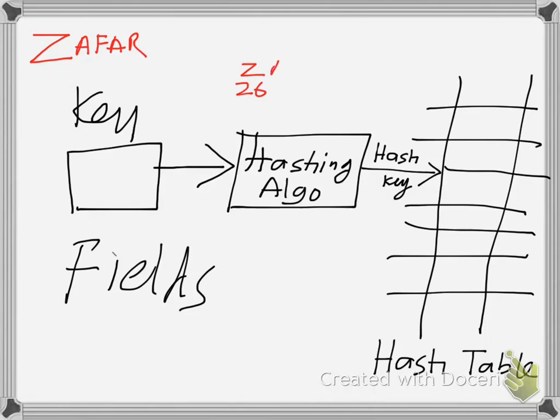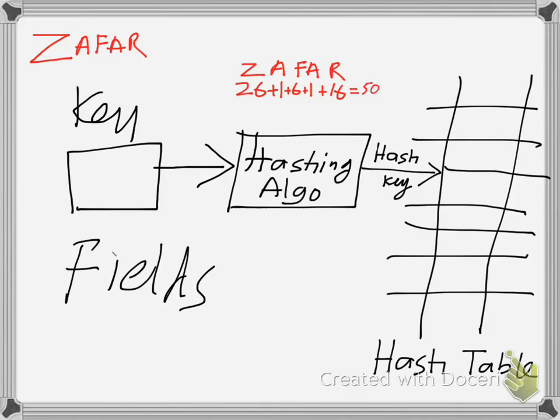So 26, then we have A 1, then we have F 6, then we have A 1, and then we have R 16. So what is the sum of all these? 26 plus 1 plus 6 plus 1 plus 16, the result is 50.